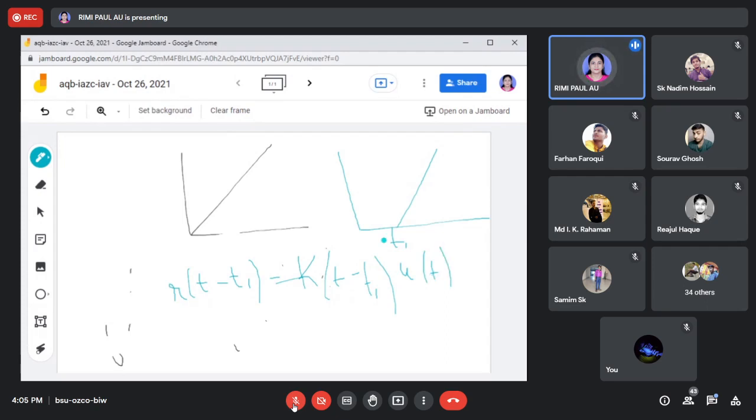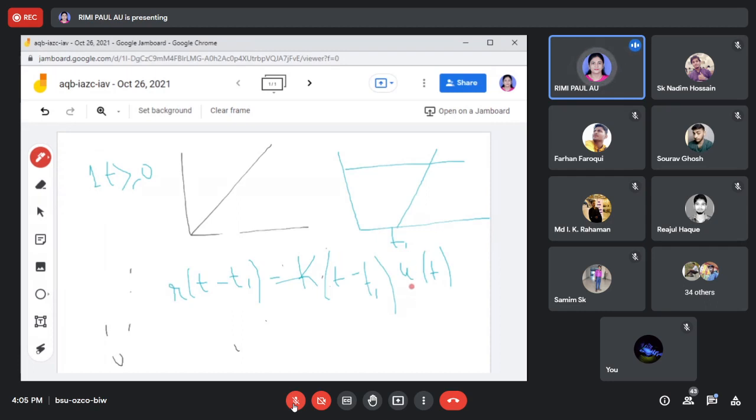Because you have shifted your ramp function, but u(t) is 1 when t is greater than or equal to 0. So now u(t) is here, but it is not here. You have to shift this u(t) also. Otherwise, for t less than 0, this value is 0.